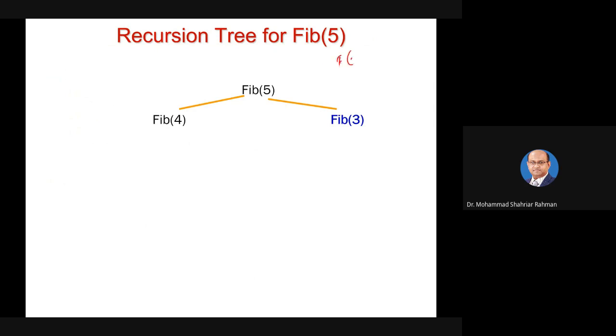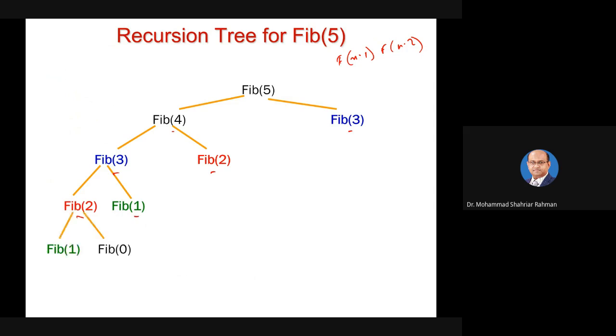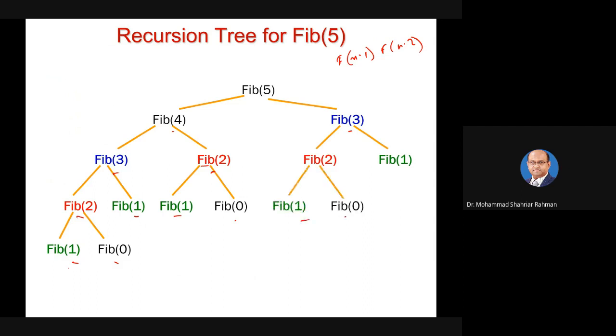F n minus 1, F n minus 2. 4 is using 3, 2. 3 is using 2, 1. 2 needs 1, 0. Again, here, 2 needs 1, 0. 3 needs 2, 1. And 2 needs 1, 0.